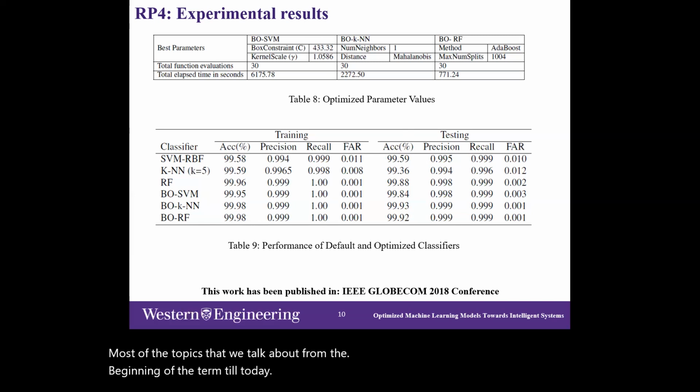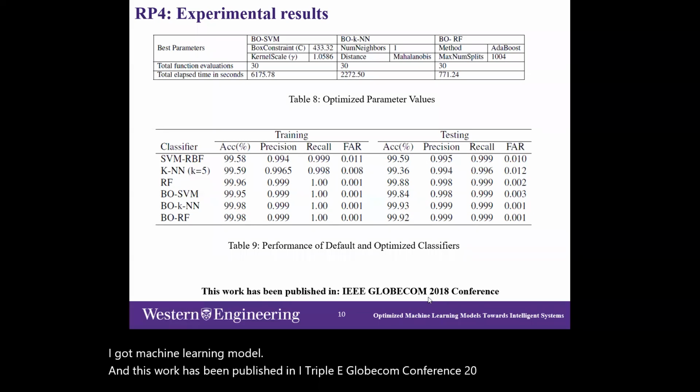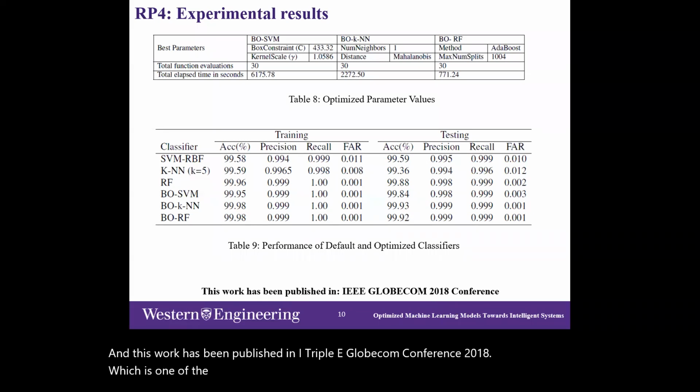You have to assemble these different ideas, these different topics, to have a good machine learning model. And this work has been published in the IEEE GlobeCom Conference 2018, one of the top leading conferences in telecommunications.